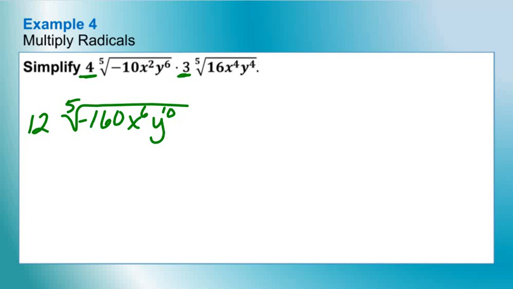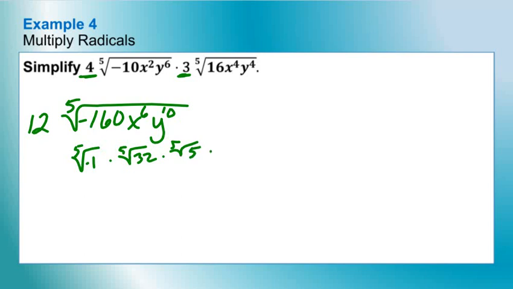From there, we can now break them down. Here I have the fifth root of negative 1. Then I have 160. So think of the fifth root. 2 to the 5th power is 32. So 160 divided by 32 is 5. So I could do the fifth root of 32 times the fifth root of 5.